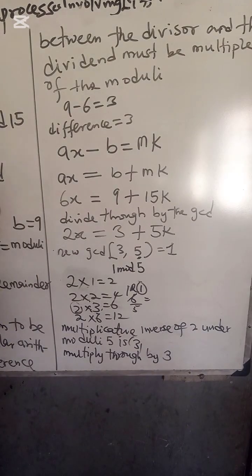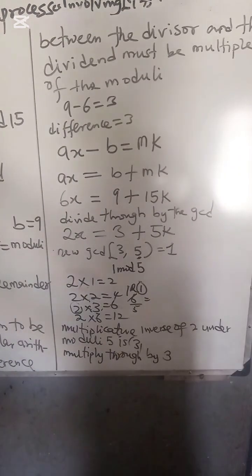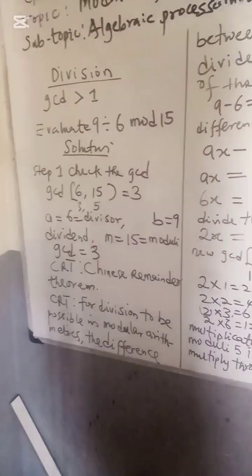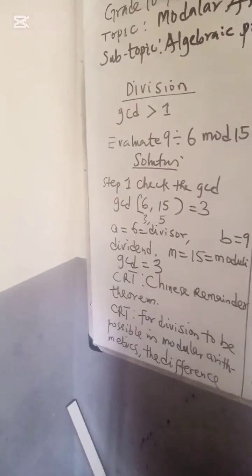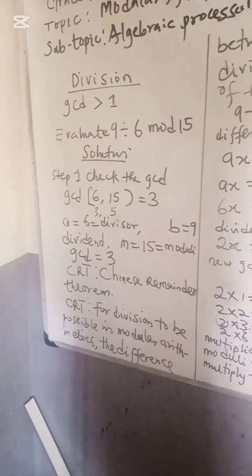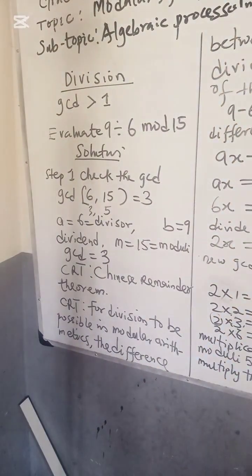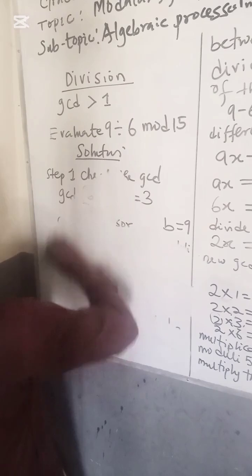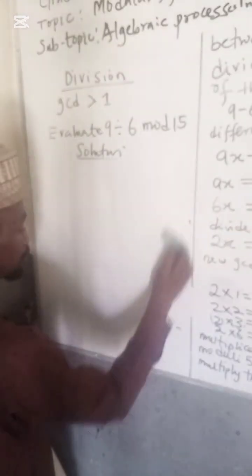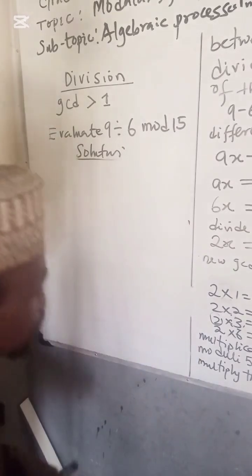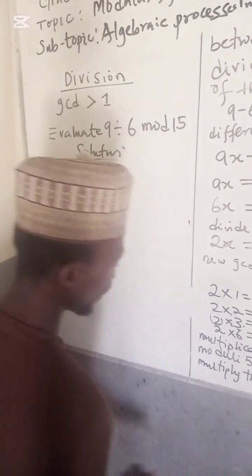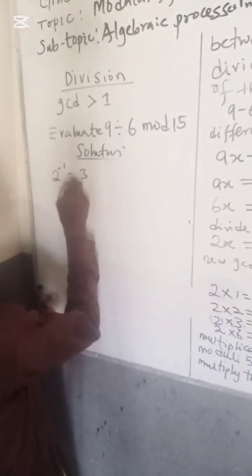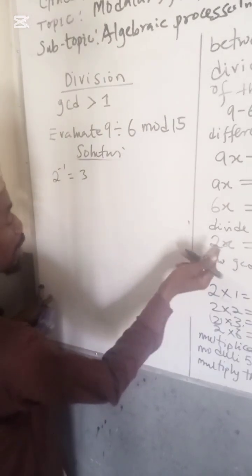Pardon, please. Let me make use of the other side. Okay, when we multiply through by 3, the 2 inverse is 3. So this 3 is going to take this 2 away.